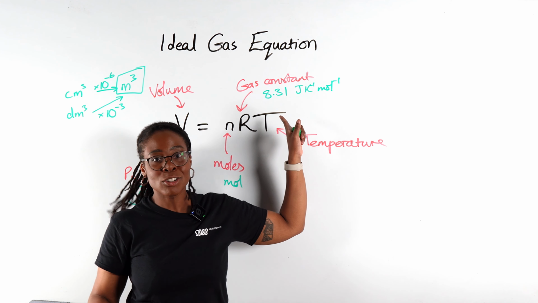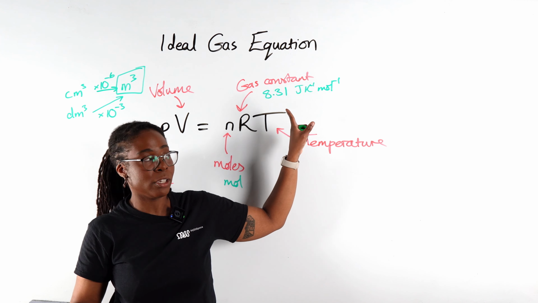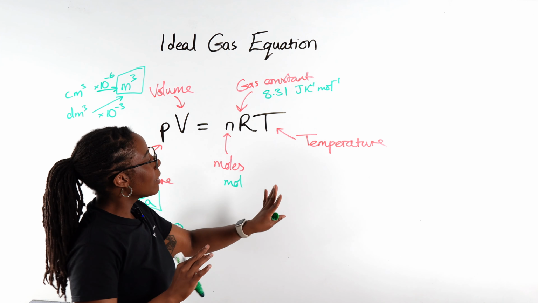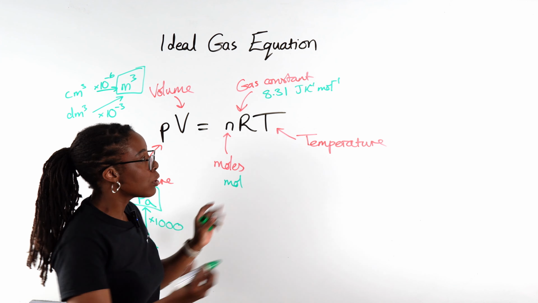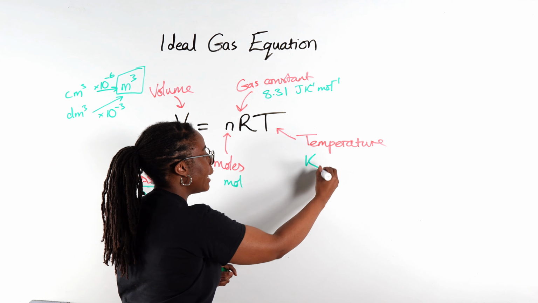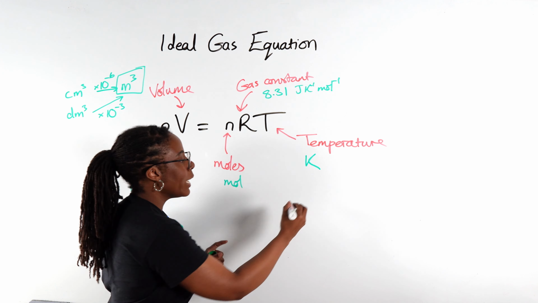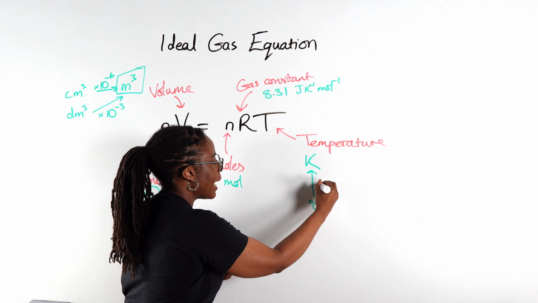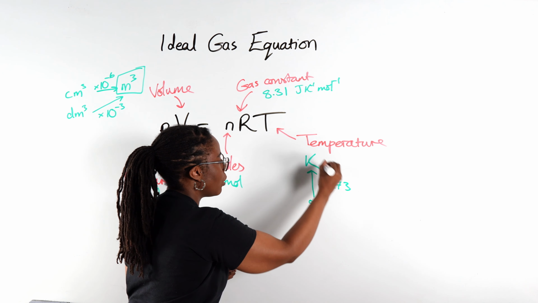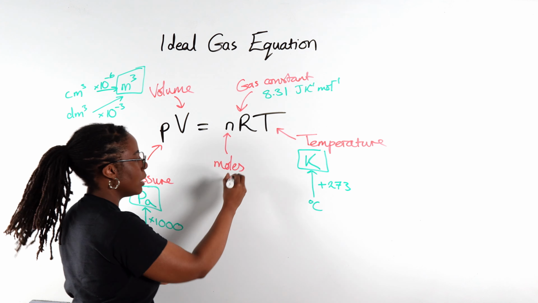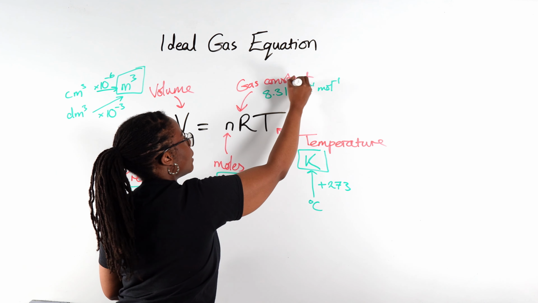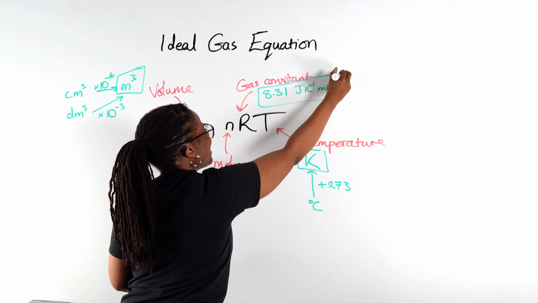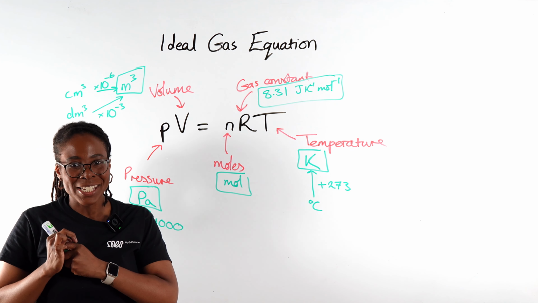Again, you do not need to remember that. You will be given that value, okay, if you need to use it. And then finally, the temperature, of course, must be in Kelvin. So if you are given the units in degrees C, you need to make sure that you then add 273 so that you get the temperature exactly as you want it.